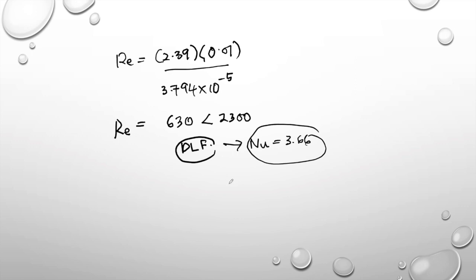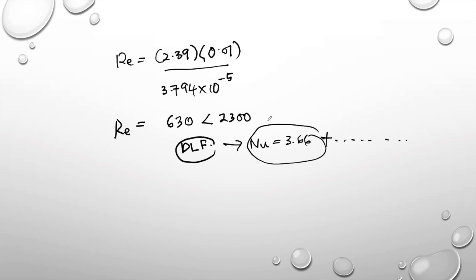Then, to simplify your method, you will assume that this is developing laminar flow. Then you have to use equation 3.66 plus, you have to refer to this equation.